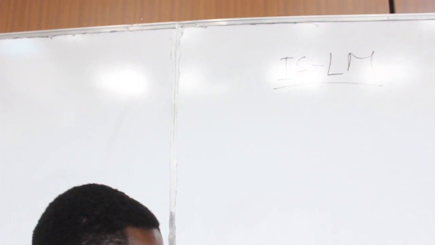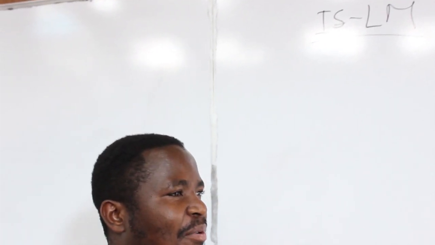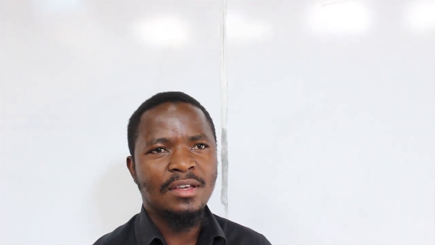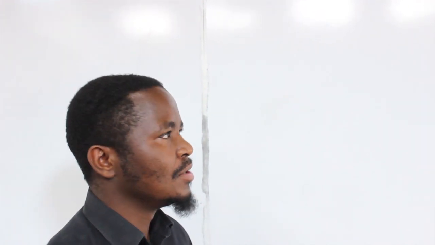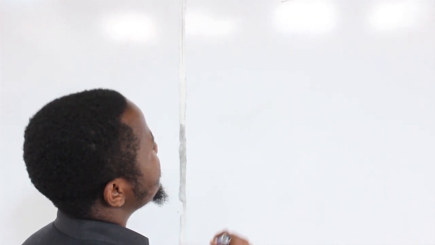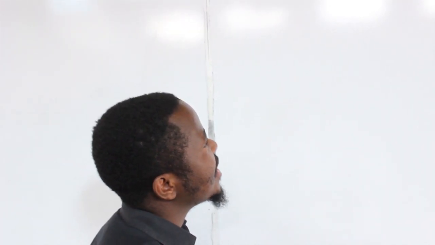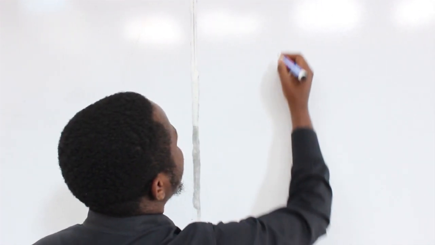In order to understand the framework, we need to first of all look at the national income accounting equation. This is an equation that explains the components of economic growth using GDP or total income in an economy like Malawi.